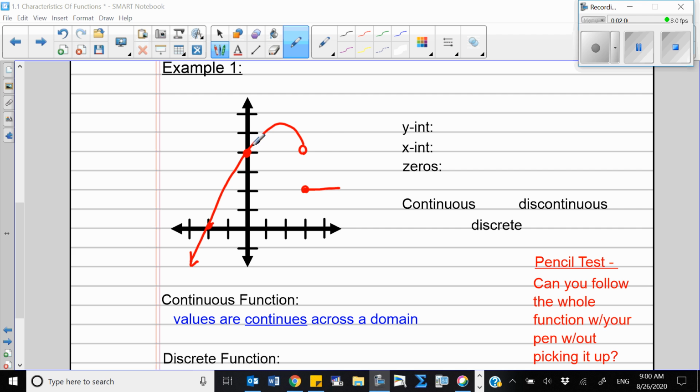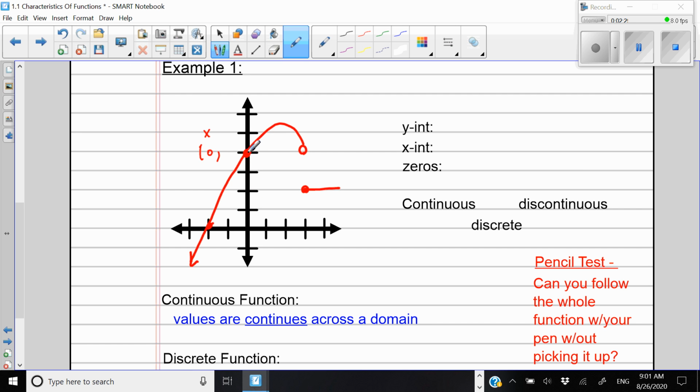Okay, so in this example, you see a graph. This is a graph of a relation. And I see that this graph is crossing the x- and y-axis at some points. Where the graph is crossing the y-axis, that's called the y-intercept. At this point, x is 0, and y is this point.